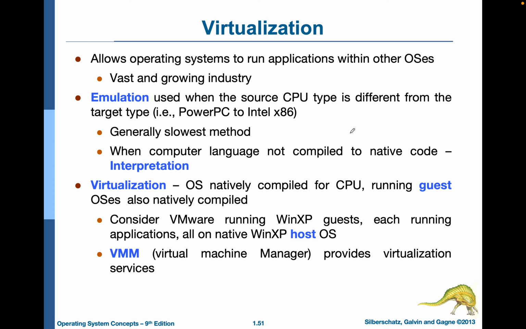And lastly, in terms of virtualization, this computing allows an operating system to run applications within another OS. Normally you are going to use emulation and virtualization, for example using a virtual machine manager.